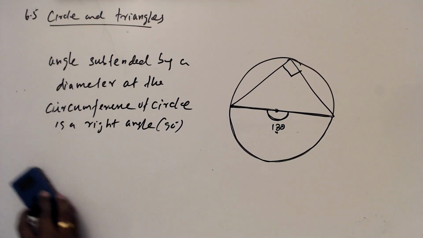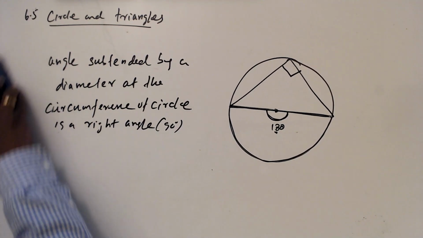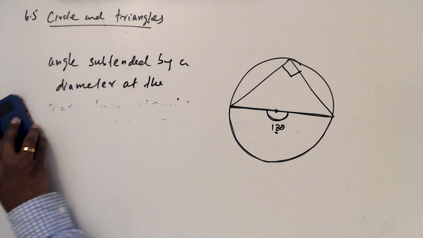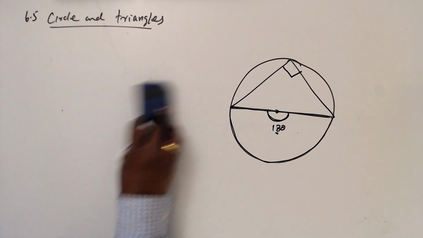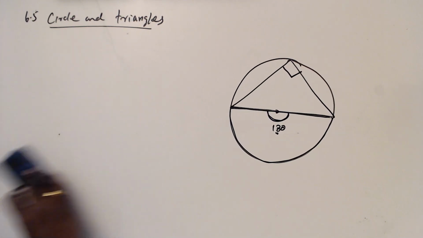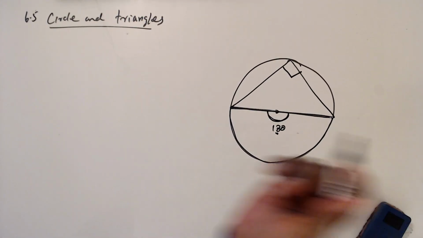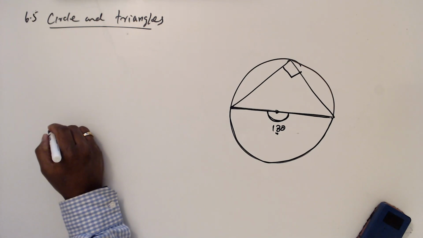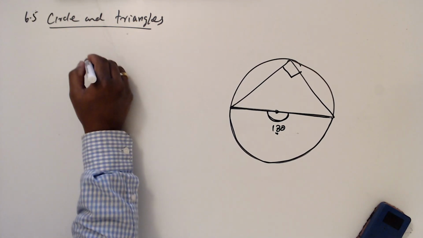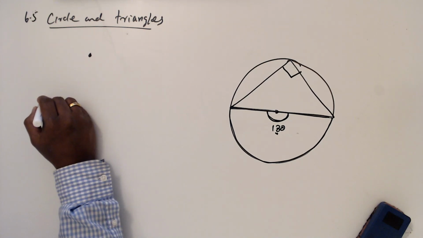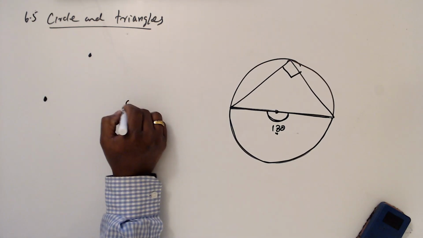Now, how are we going to use this knowledge for this chapter? Assume that we have 3 points.